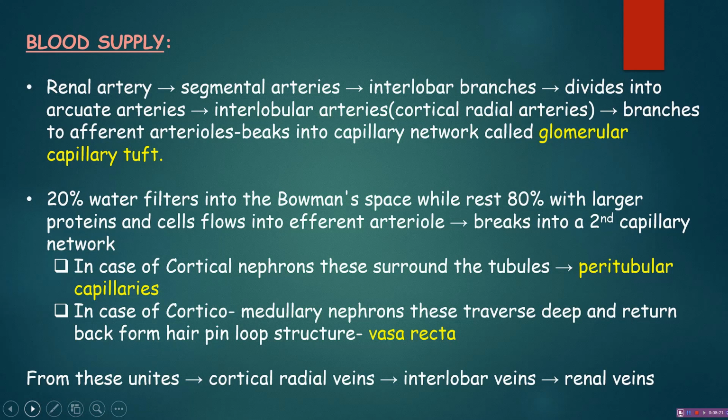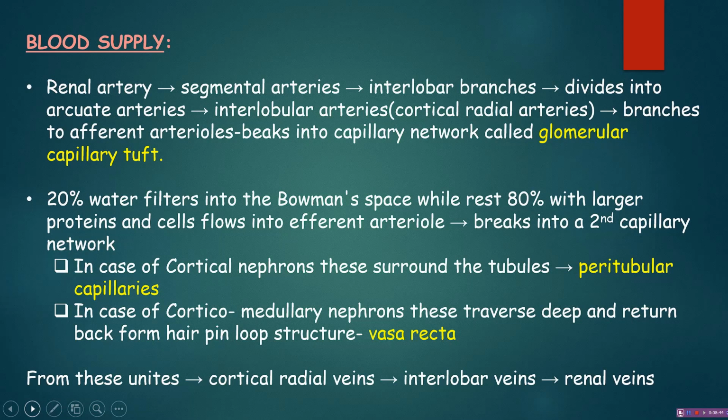Now coming to the blood supply. The blood supply of the kidney is mainly by the renal artery, and on entering the kidney, the renal artery divides into segmental arteries, which further divide into interlobar branches, which divide into arcuate arteries.